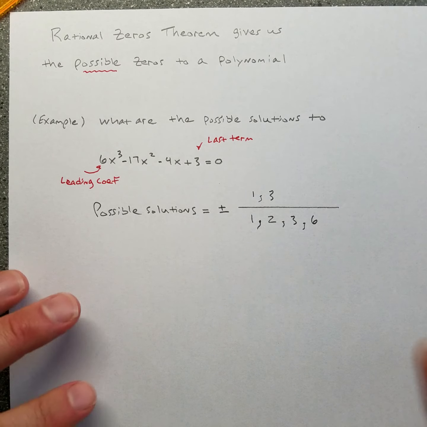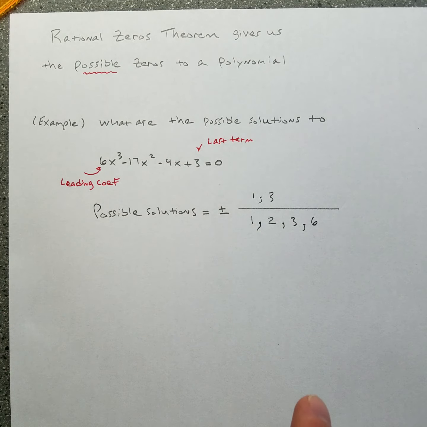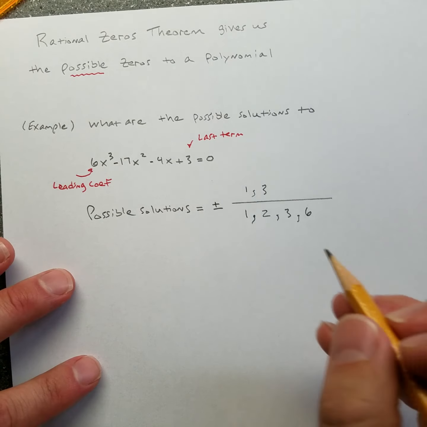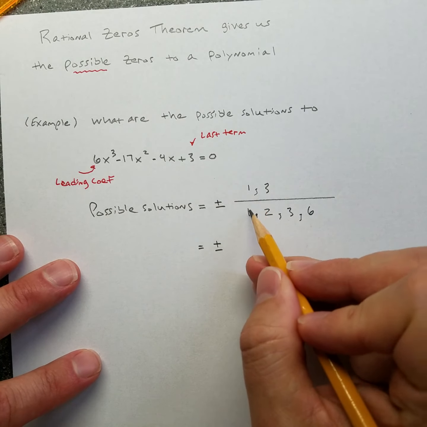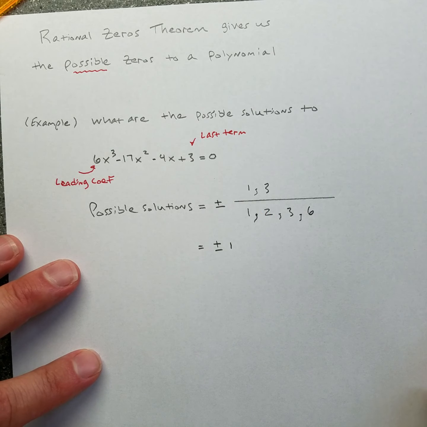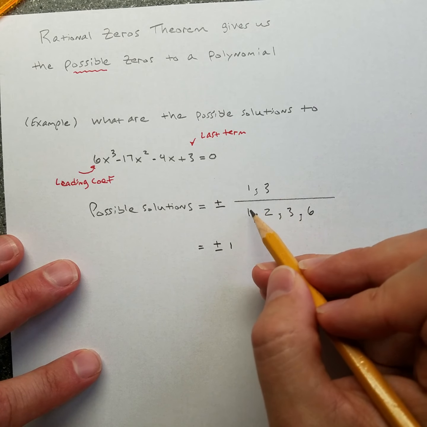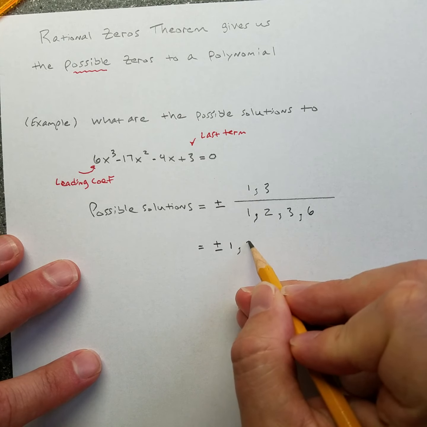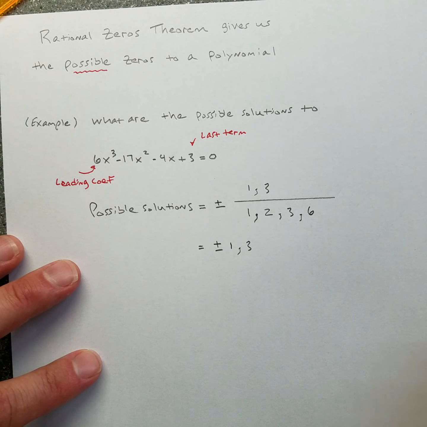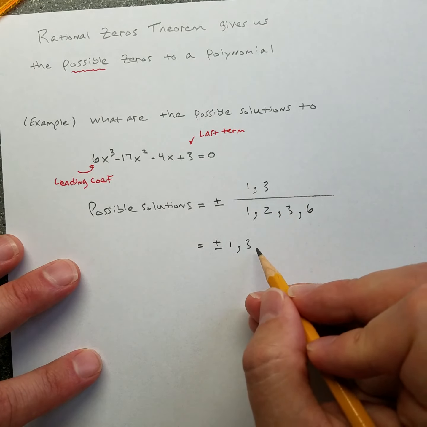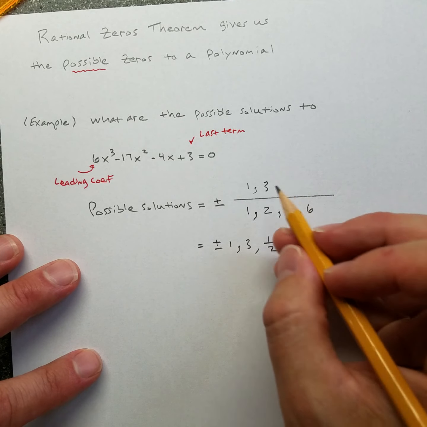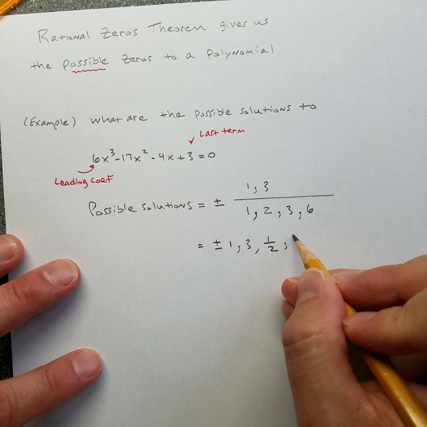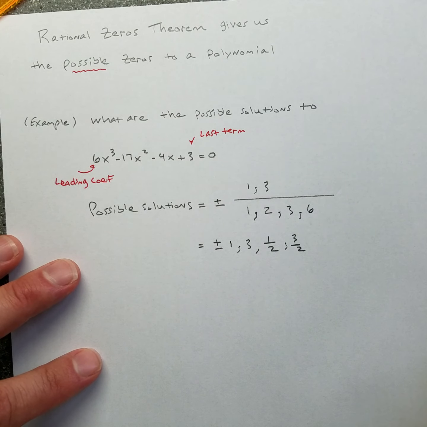Now, I have to combine all that to give you the specific numbers. So here's what we do. We make the list as follows. Plus or minus, what's 1 over 1? That's 1. What's 3 over 1? It's 3. Okay. What's 1 over 2? It's a half. What's 3 over 2? 3 over 2.